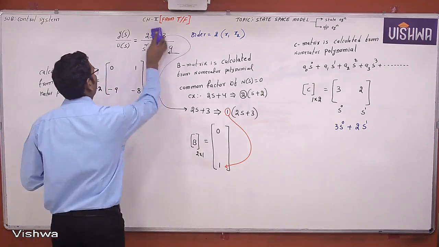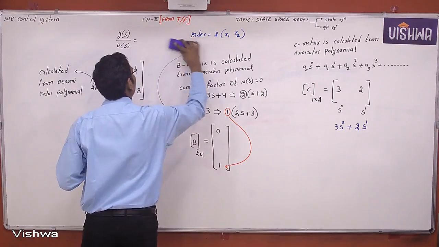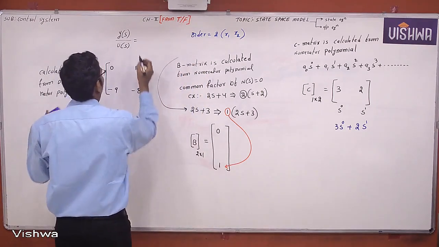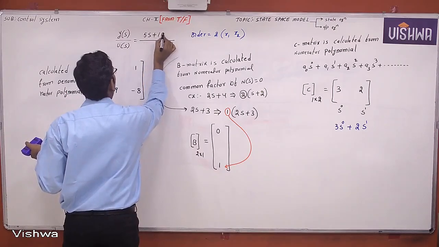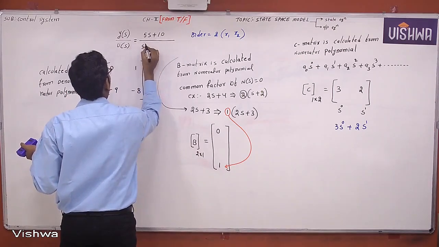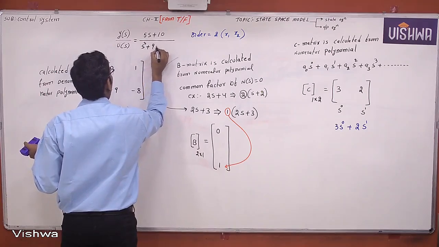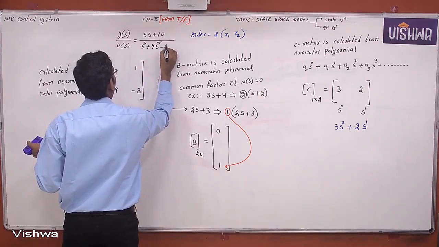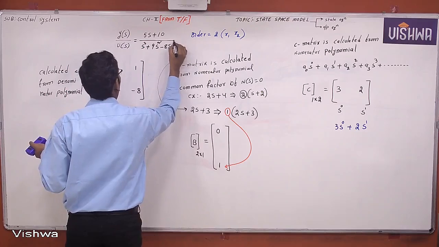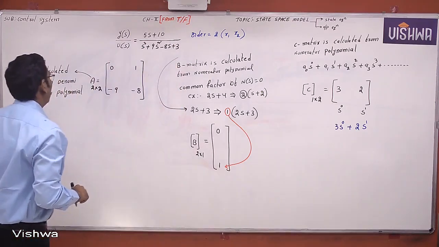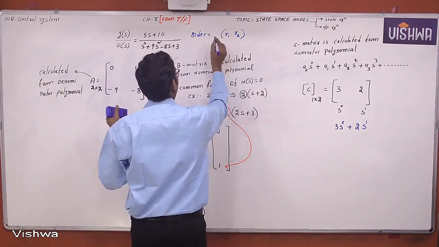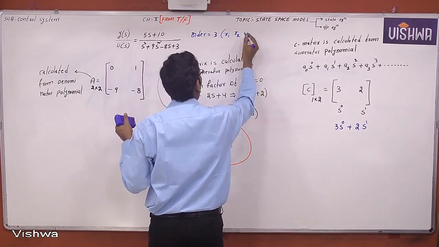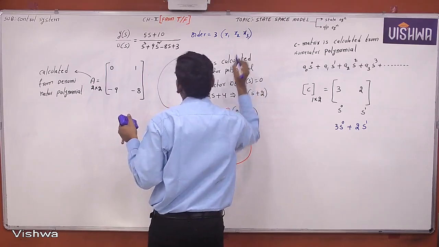Okay, now you just try yourself. Now this is the transfer function, which is equal to 5s plus 10 by s cube plus 9s square minus 8s plus 3. Okay, so now you tell me, the order is 3, therefore x1, x2, x3, 3 state variables.